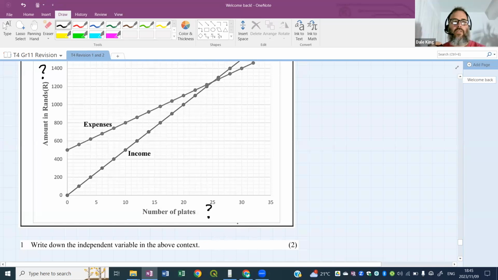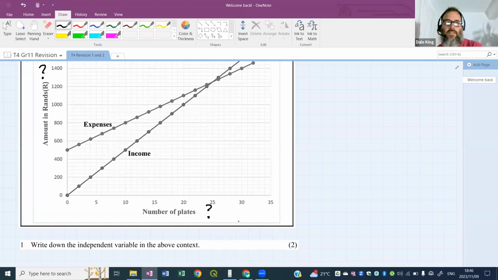We're looking at the income, meaning the more plates you sell, the more income you have. So does the money you make depend on the number of plates you sell, or does the number of plates you sell depend on the money you make? The money you make depends on the number of plates you sell. Absolutely. So the rand value depends on the number of plates.